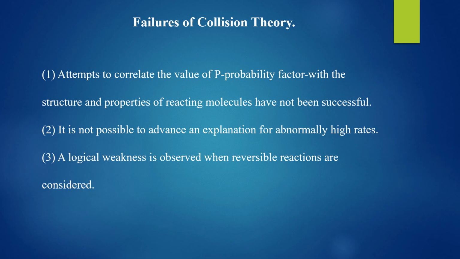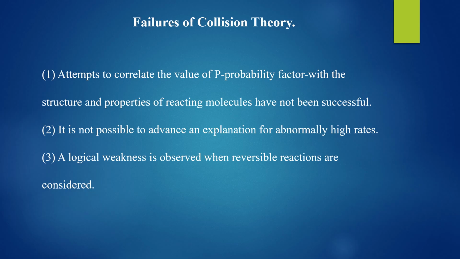Secondly, it is not possible to give an explanation for abnormally high rates proposed by collision theory. The rates observed experimentally were somewhat lower than the rate obtained by collision theory calculation. This is the second failure. And the third one is a logical weakness observed when reversible reactions are studied.